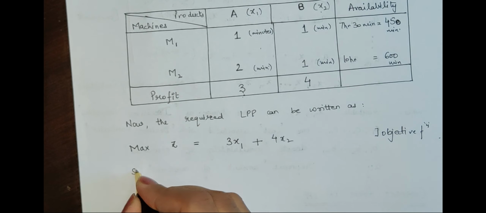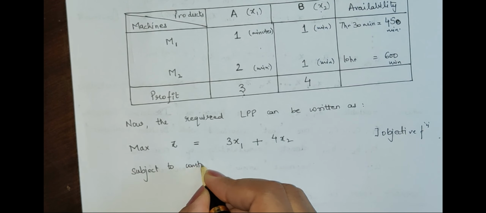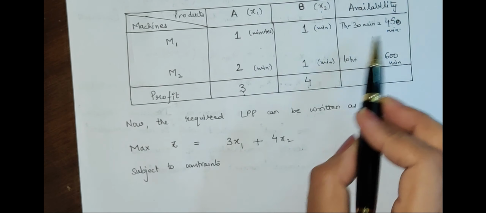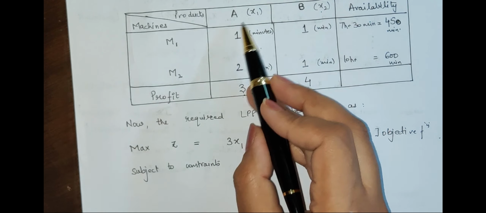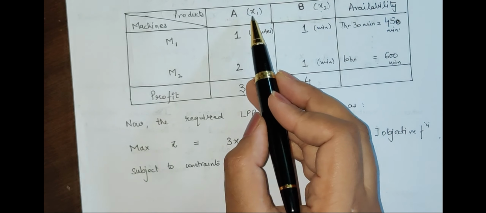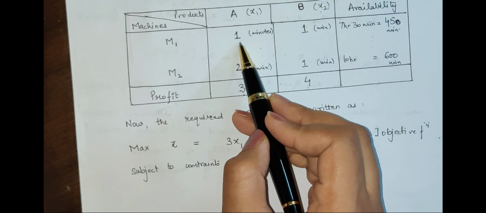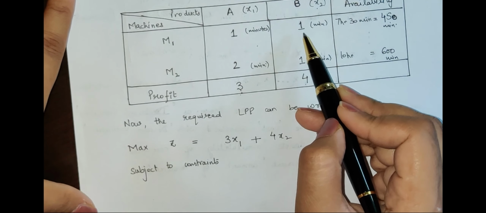Now come to the second part, that is, subject to constraints. And what are the constraints? We will see with these rows. First, machine 1. On the first machine the total time available is 450 minutes, whereas each unit of product A uses 1 minute and each unit of product B again uses 1 minute.